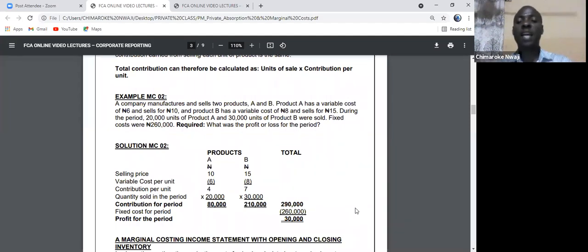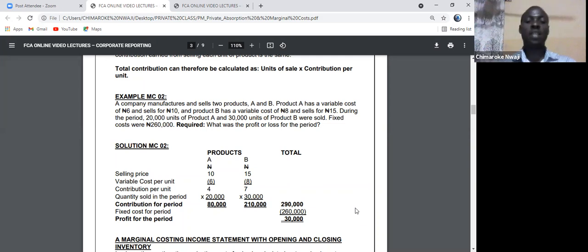And product B has a variable cost of 8 naira and sells for 15 naira. During the period, 20,000 units of product A and 30,000 units of product B were sold. Fixed costs were 260,000. What is the profit or loss for the period?